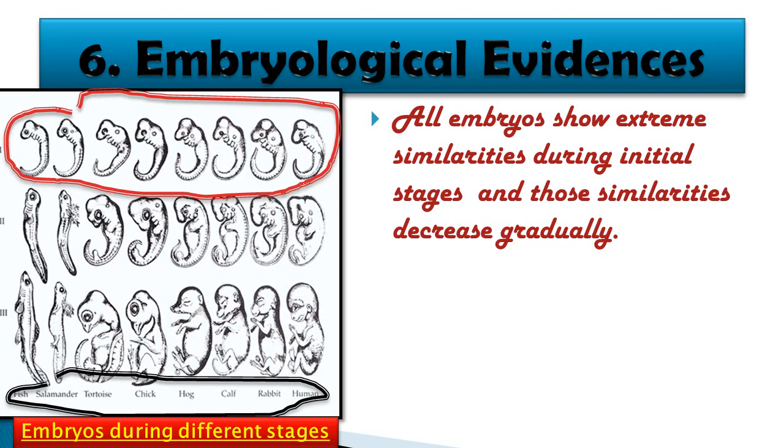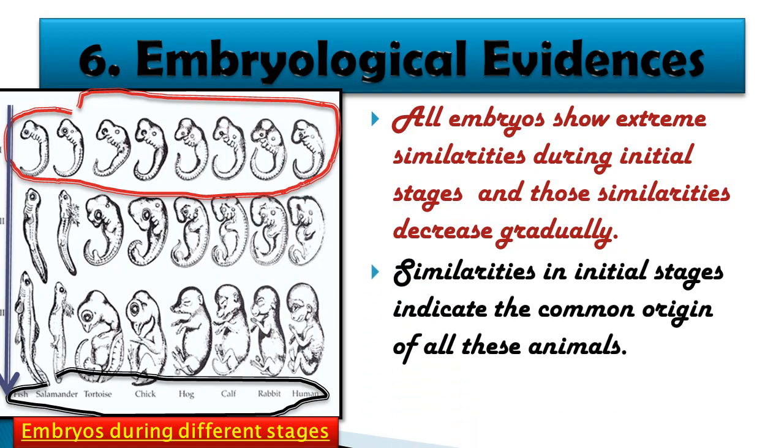In the first stages, all the embryos of different organisms show a similar structure, and those similarities decrease gradually. It means first they are all the same, and in the second and third stages the similarities start decreasing. That means they show different characters: the chicken embryo looks different, the human embryo looks different, the pig embryo looks different. And the similarity in their initial stages indicates the common origin of all these animals.